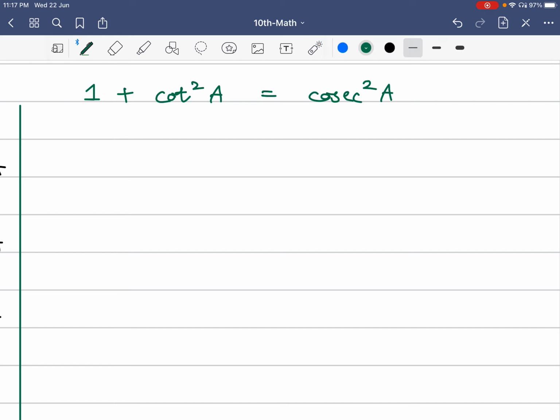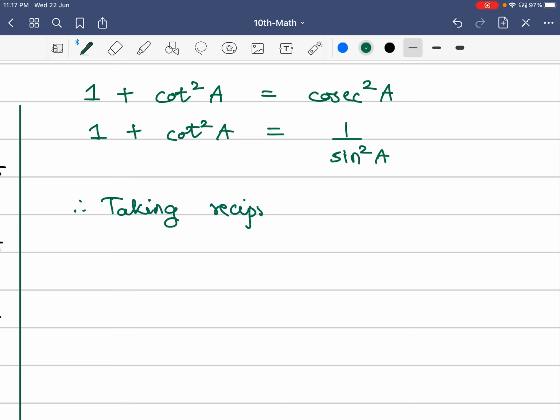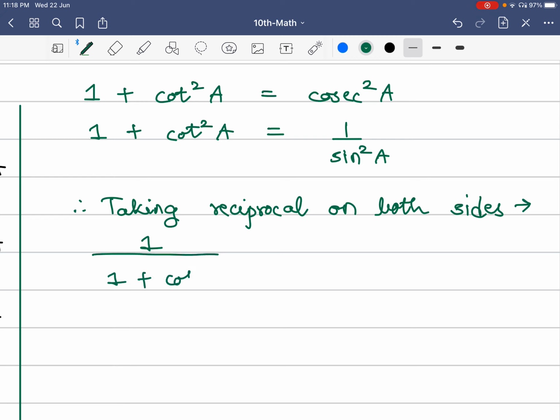So that is equal to 1 upon sine square A, and this left hand side remains as it is, 1 plus cot square A, and therefore taking reciprocal on both the sides. What do we get taking reciprocals on both the sides of the equation? We get 1 upon 1 plus cot square A as equal to sine square A. Okay, and now that's it.